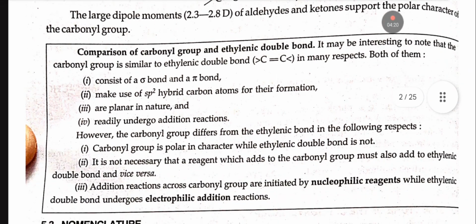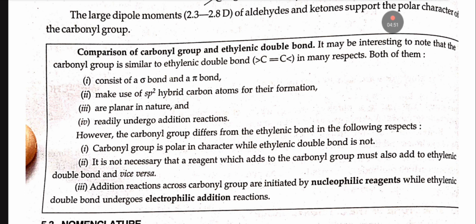Comparison of carbonyl group and ethylenic double bond. It may be interesting to note that the carbonyl group is similar to the ethylenic double bond in many respects. Both of them consist of a pi bond and a sigma bond, make use of sp2 hybridized carbon atoms for their formation, are planar in nature, and readily undergo addition reactions.